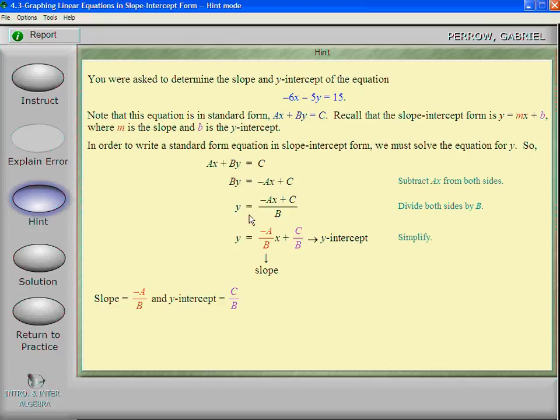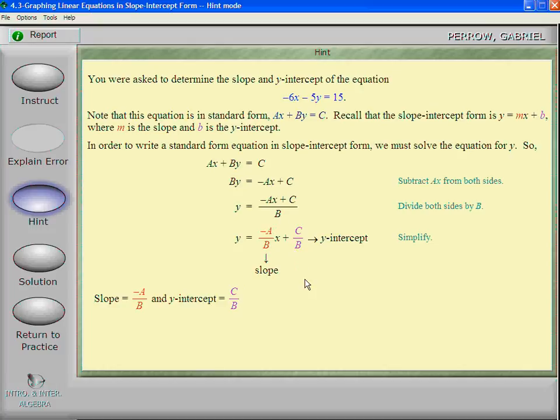One last step is that you're going to want to take that denominator b, and in this example it would be -5, and divide each term by b. So it's basically saying if you have a fraction with one denominator here, it's the same as dividing that denominator into each term on the top.